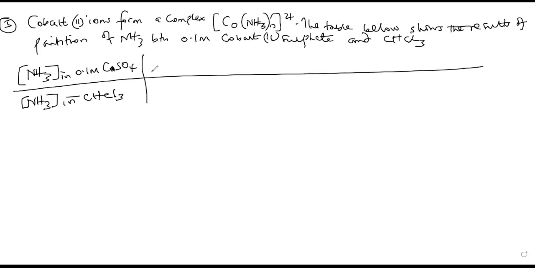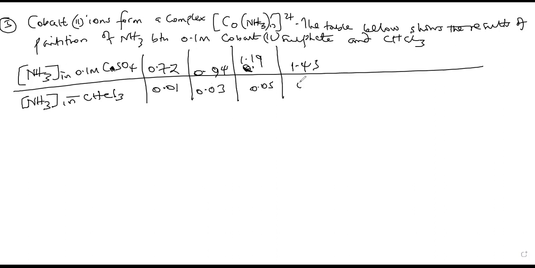Wow, so here we have 0.72, we have 0.01, 0.94, 0.03, 1.19, 0.05, 1.43, 0.07, 1.70, 0.09, 1.92, 0.11.